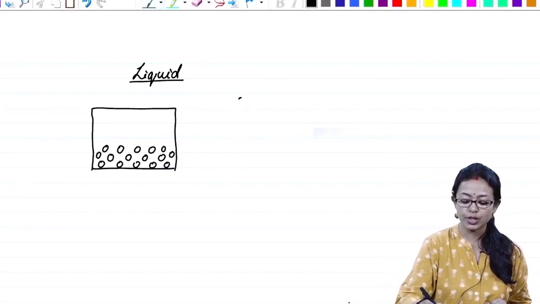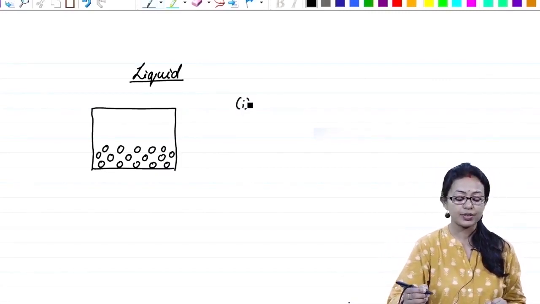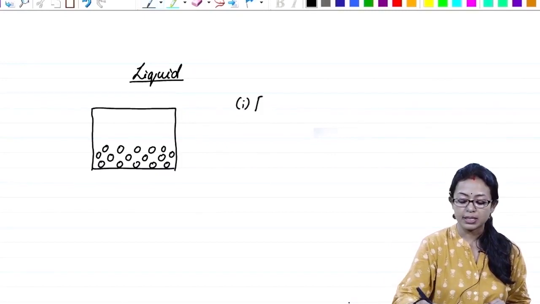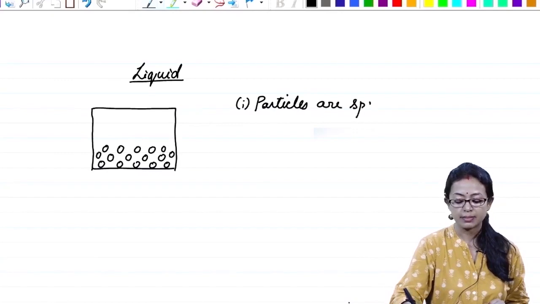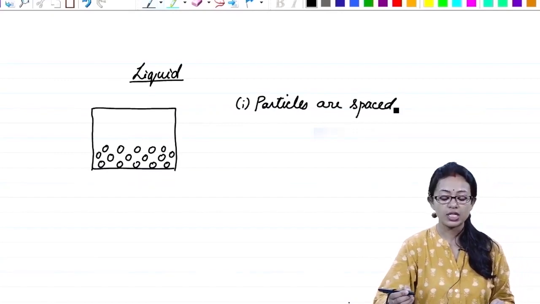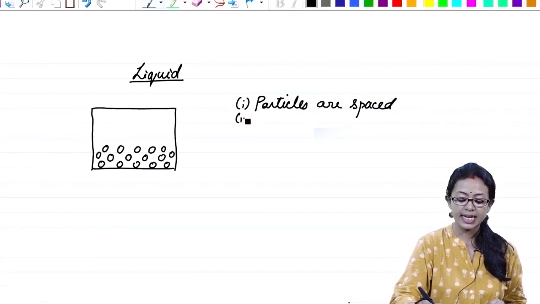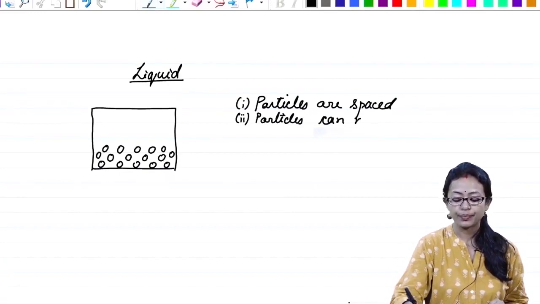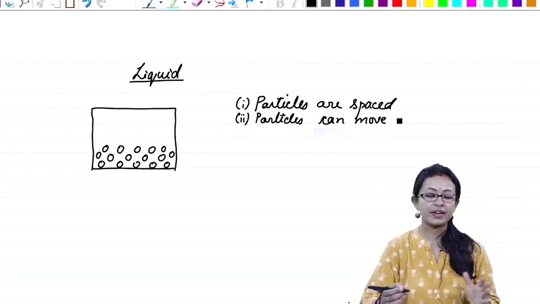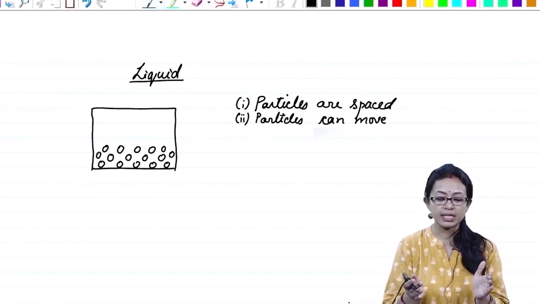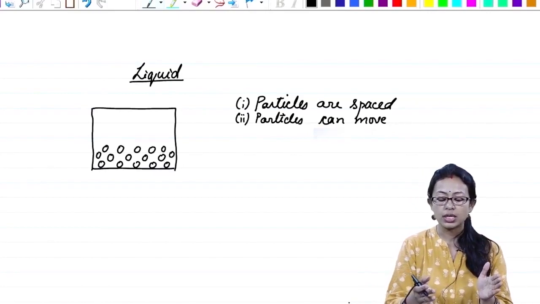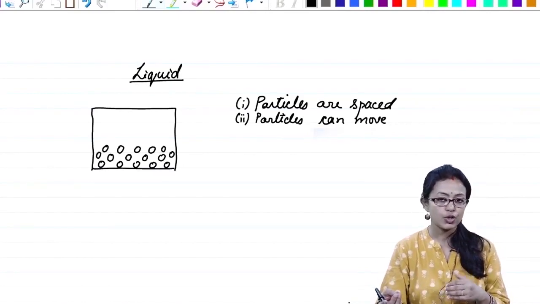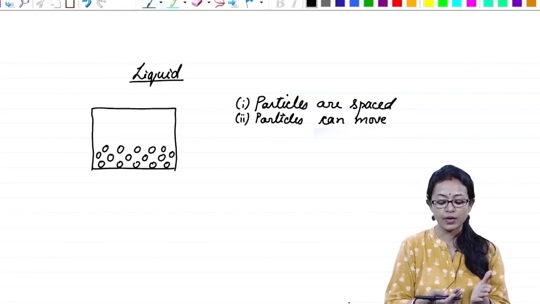So what are the characteristics of liquid? The three important characteristics of liquid are, first, that the particles are spaced. That means there is space available between the particles. The second characteristic is that the particles can move, but definitely not very fast, because this space is not as high as in case of gas, nor is it very close as in case of solid.